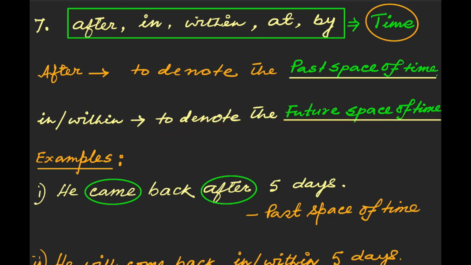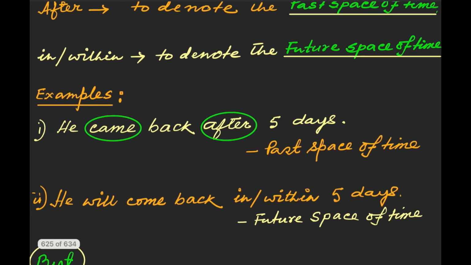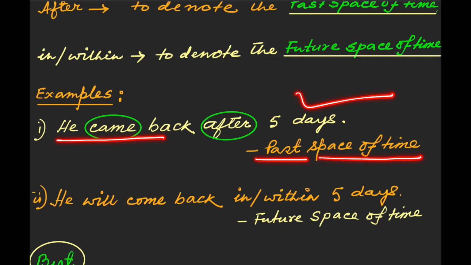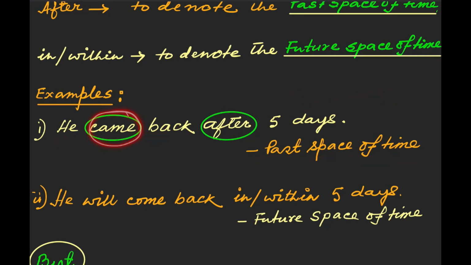Mark it well. After is used to denote the past space of time, and in or within is used to denote the future space of time. See the examples, then your concept will be clear. Example number 1, he came back after 5 days, past space of time. Came back, past tense, after 5 days. So after is used before the past space of time.